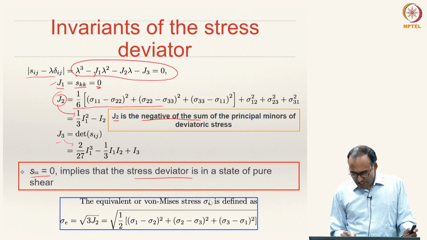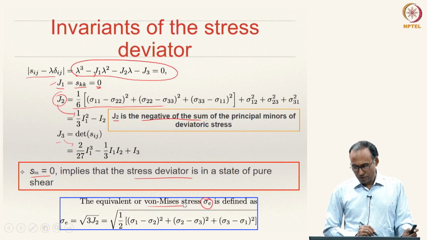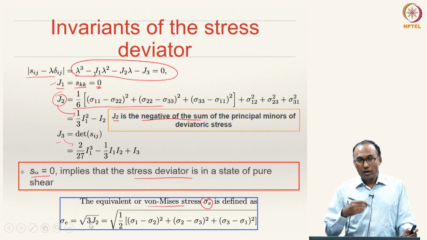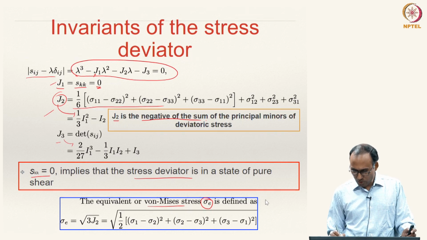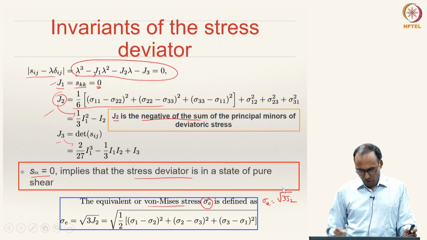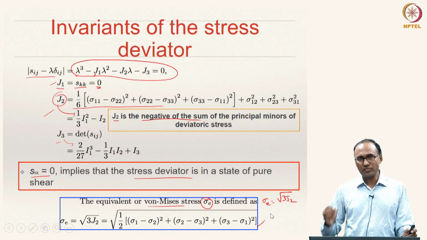So, now the equivalent stress or von Mises stress, sigma E, is defined as, and can also be written using this expression, sigma E is equal to square root of 3 J2, or square root of 1 by 2 in terms of this.